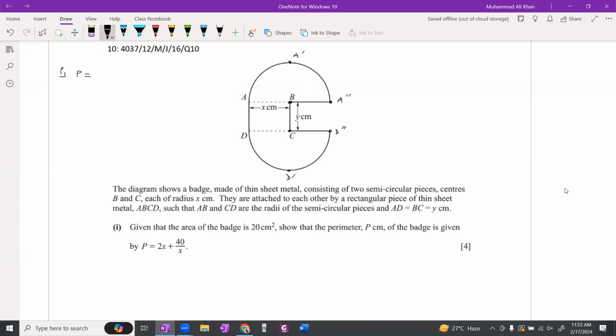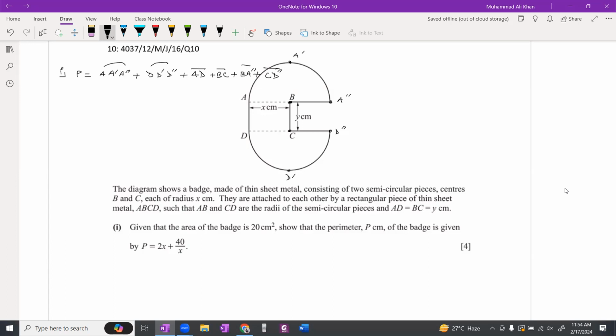So for the perimeter, we have to calculate A dash, A double dash, a curve, plus D, D dash, D double dash, another curve, plus AD, a straight line, plus BC, a straight line, plus BA double dash, plus CD double dash. These are the things which we have to add in the perimeter, right?